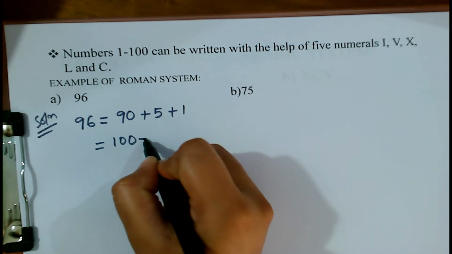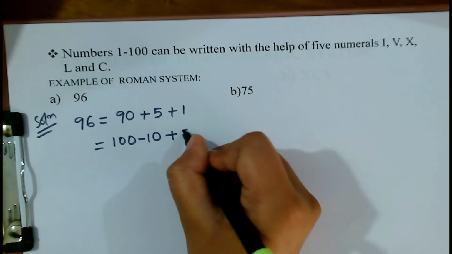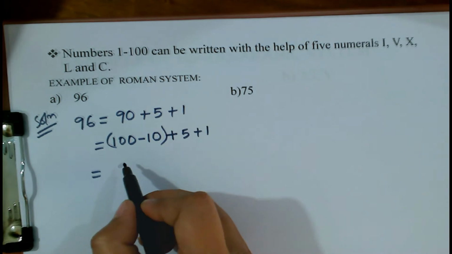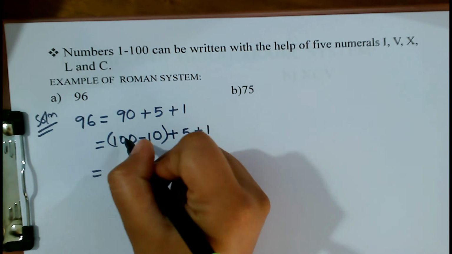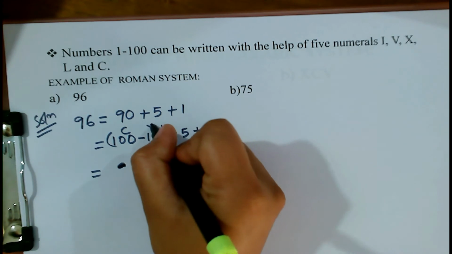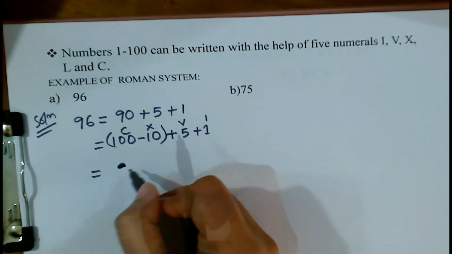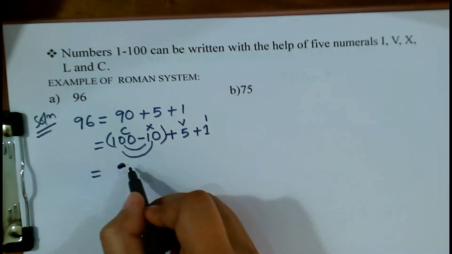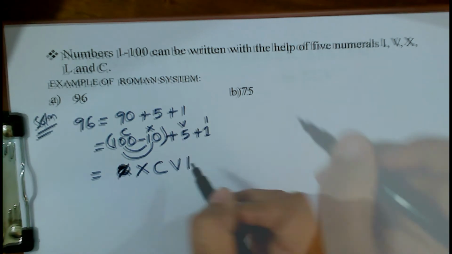So you write 100 minus 10 and then plus 5 plus 1. When you break down, you give the numerals. 100 is C, 10 is X, 5 is V, and 1 is I. So this one will come this side and this one will go this way. So X is first, X, C, V, I.